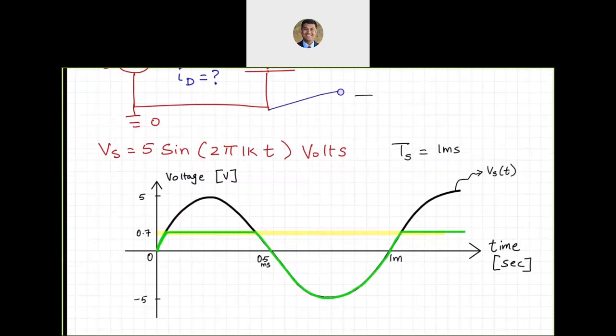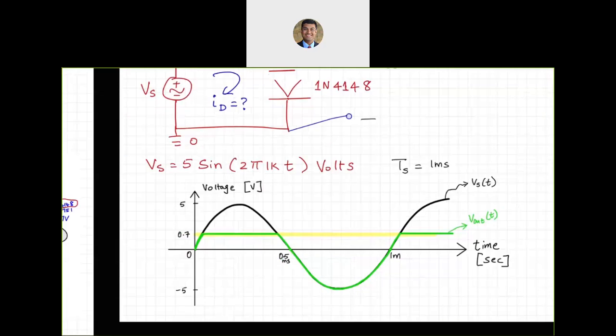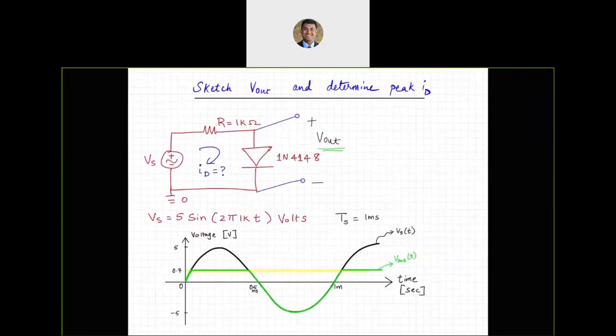So the green guy is what? It is voltage across the diode, and we are actually calling that V out in our case as a function of time. So that's that guy right there. So we got source voltage, we got the output voltage or the diode voltage. What are we left with?